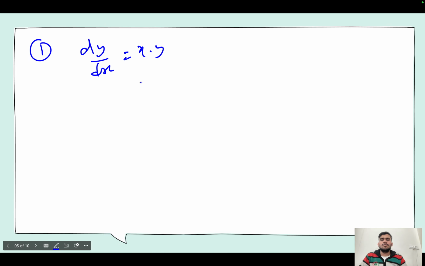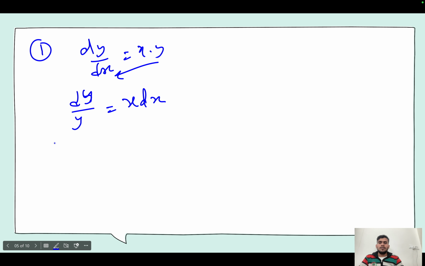How can we solve it? Take y here and dx here. So it becomes dy by y equals x into dx.